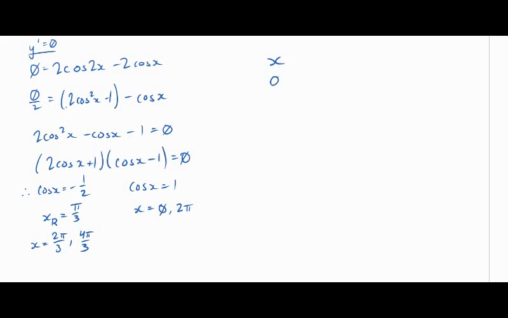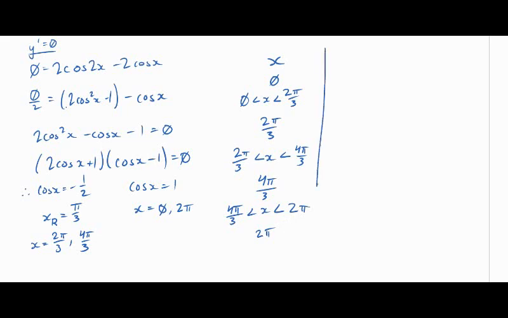I start at 0, and then I go from 0 is less than x is less than 2 pi by 3, 2 pi by 3 is less than x is less than 4 pi by 3, 4 pi by 3 is less than x is less than 2 pi, and then 2 pi. Okay, and I've got y prime and then y.